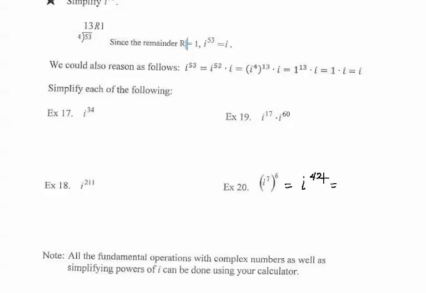If we divide 4 evenly out of 40, then we just end up with a remainder of 2, i squared. 40 divided by 4 is 10, so we're left with an i squared remainder, and i squared is equal to a negative 1. So once you figure out that you just need to divide out 4 and keep the remainder as your exponent, this becomes pretty simple.